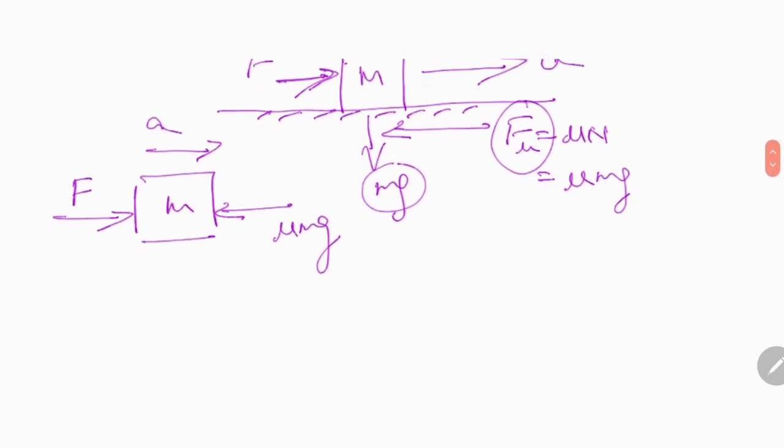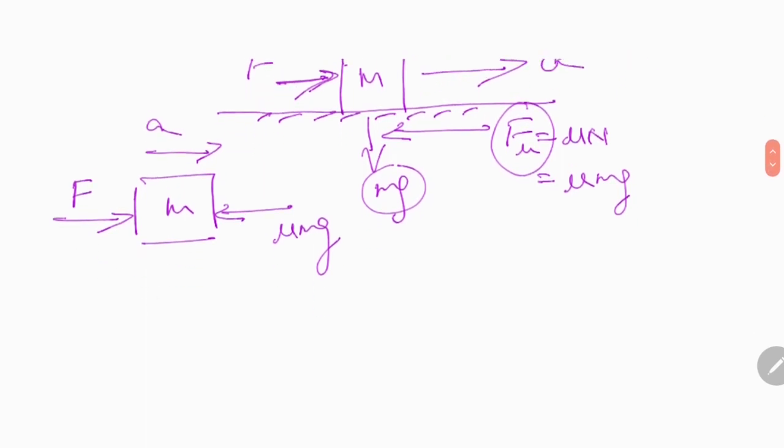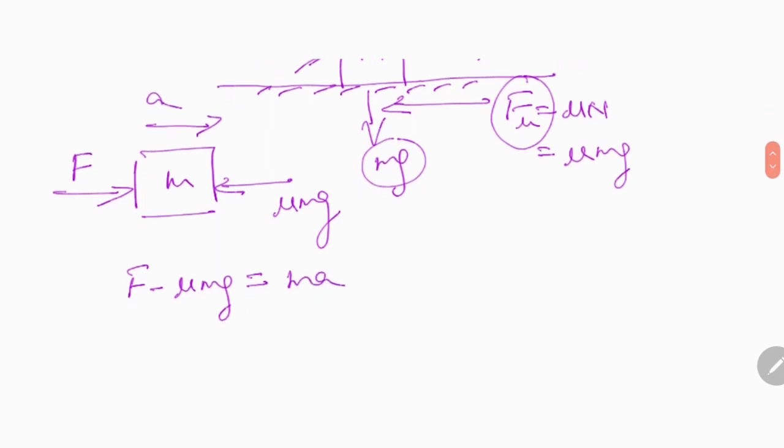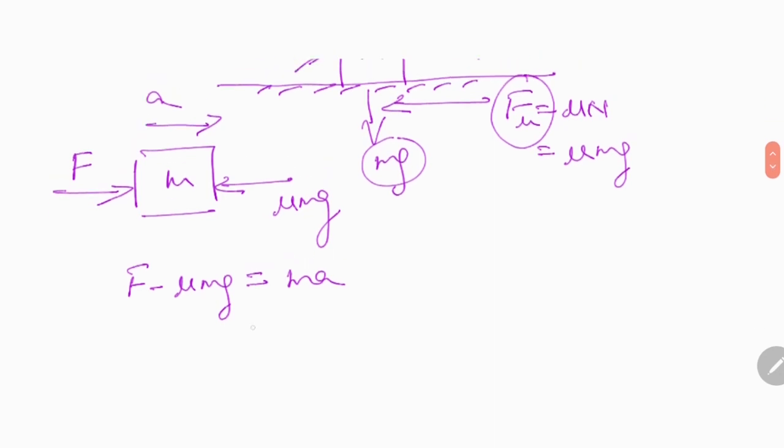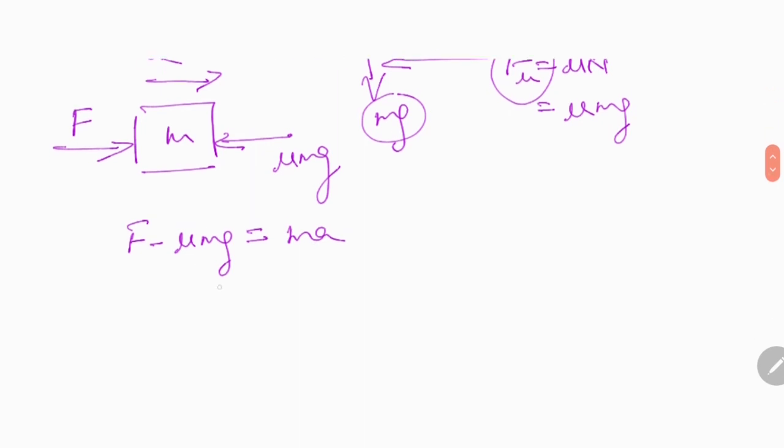So let's equate this now. F minus mu mg will be equal to mass into acceleration. That is the net acceleration forward. Very straightforward, right? Now if you want to find out at what acceleration the body will move, acceleration will be equal to F minus mu mg by m.